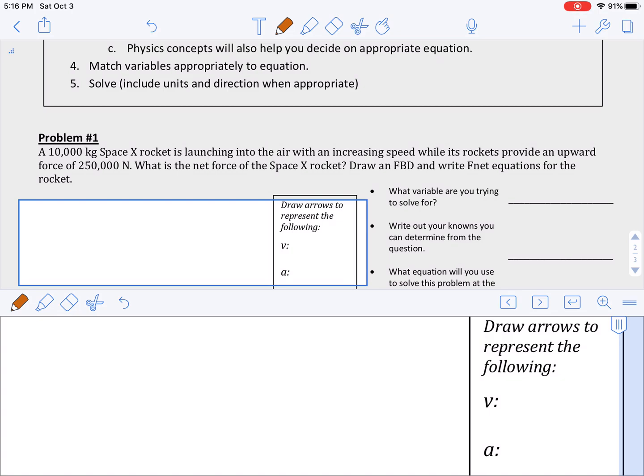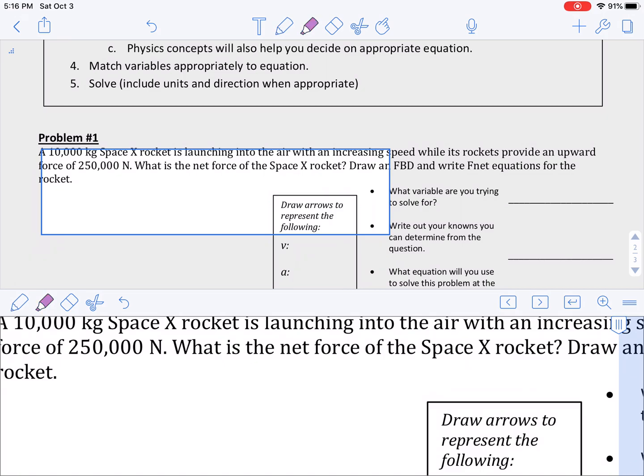So we have a SpaceX rocket launching into the air with an increasing speed while its rockets provide an upward force of 250,000 newtons. What is the net force of the SpaceX rocket?